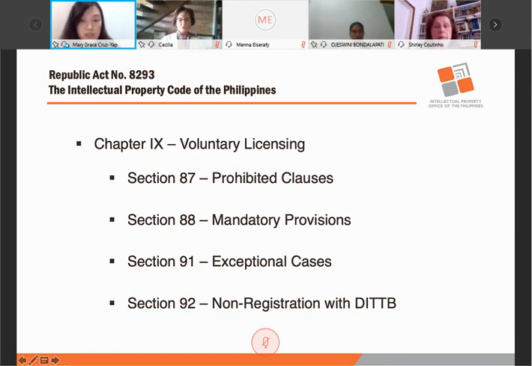Section 92, which I was discussing earlier, covers the effect of non-registration with DITTP. You will find it under Section 92. I'll discuss more of that later as we go along.